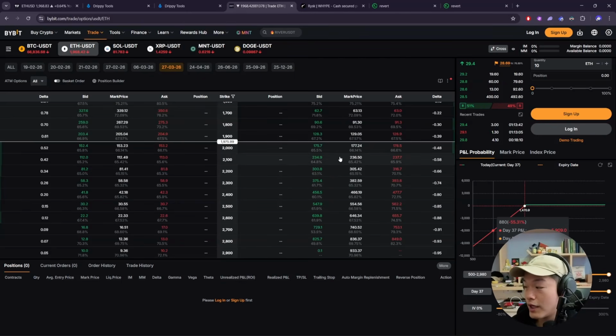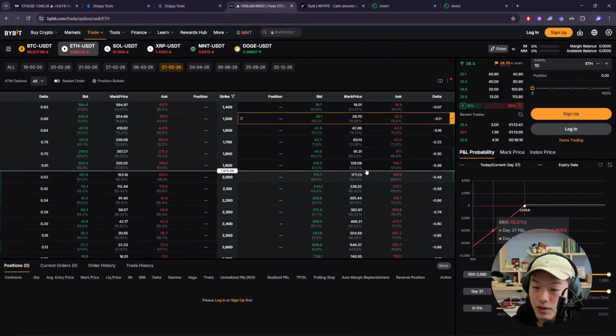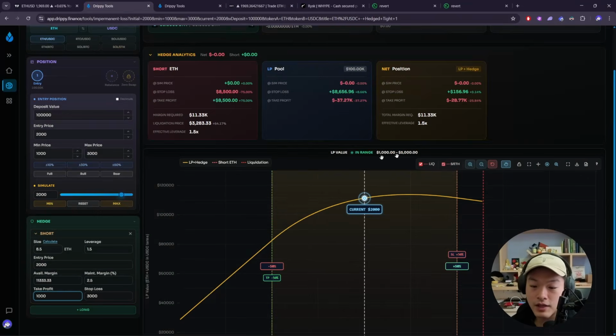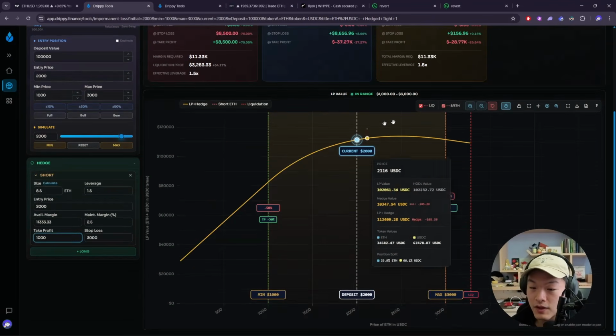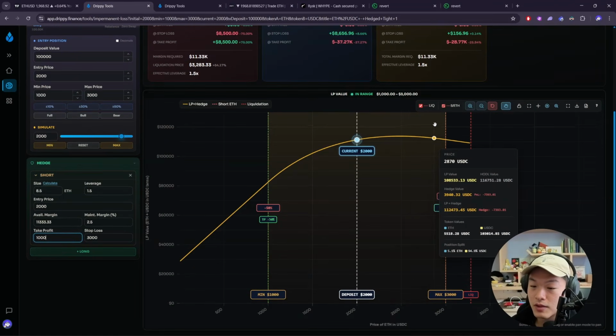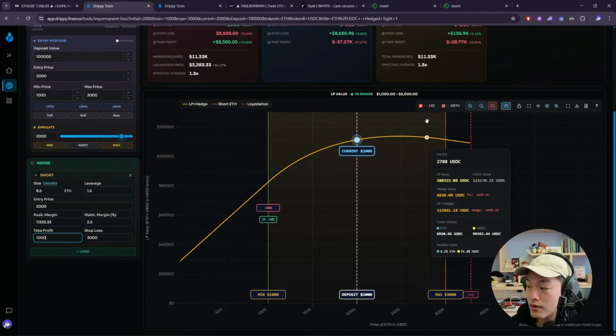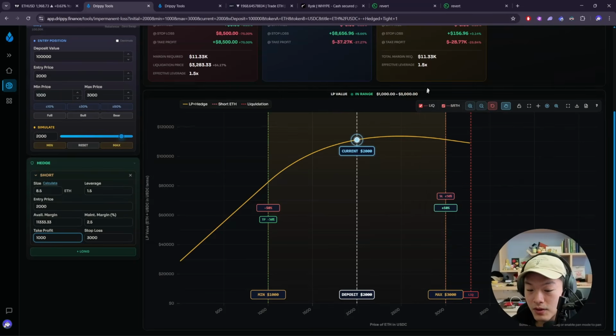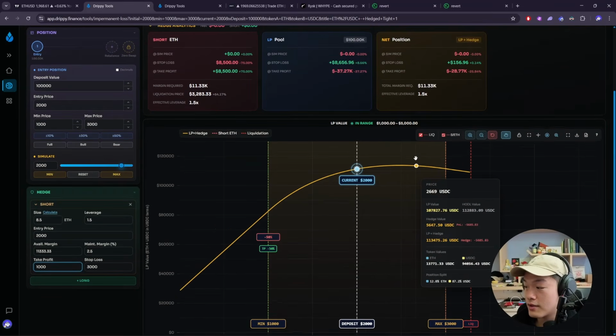You now have to sell a higher put option, taking more risk compared to before to get the same yield. So if you're targeting, let's say, 20% APR, you're probably going to be taking more and more risk if prices are drifting upwards, versus a hedged LP setup like this. Even if prices are bouncing between $2,500 and $3,000, you are still going to be collecting about 20 to 30% APR, assuming the APR stays around the same level as where I deployed my capital.